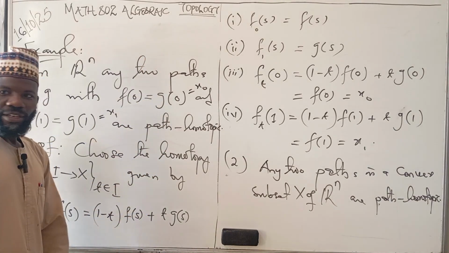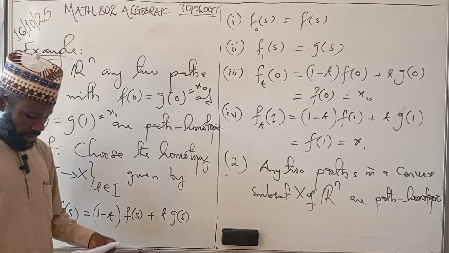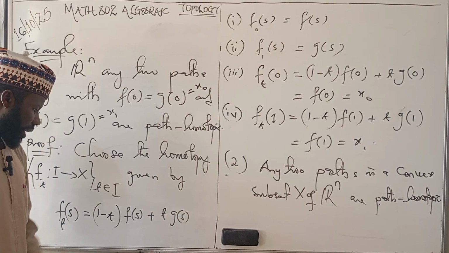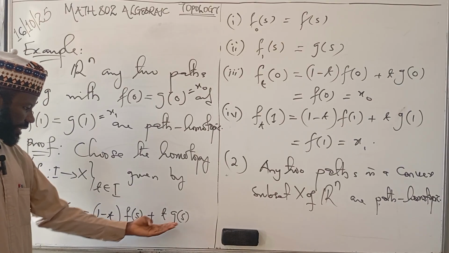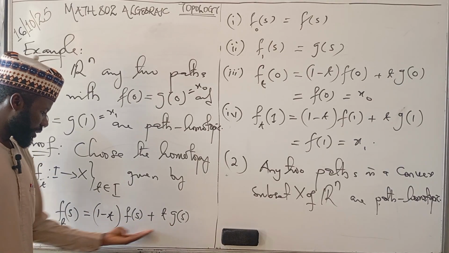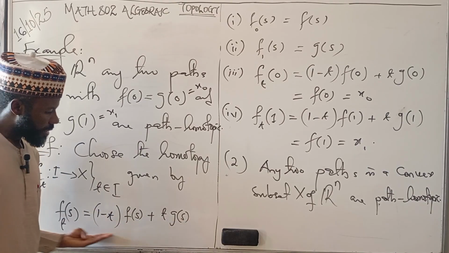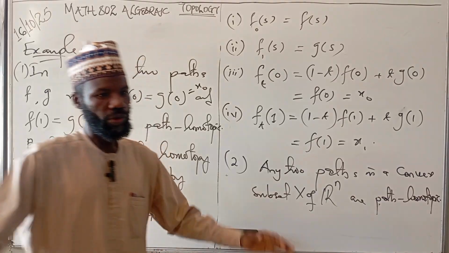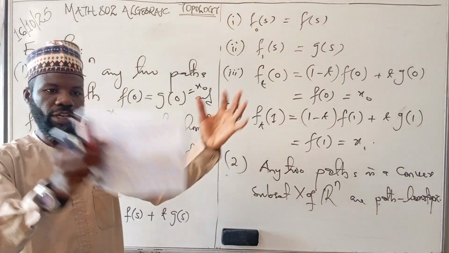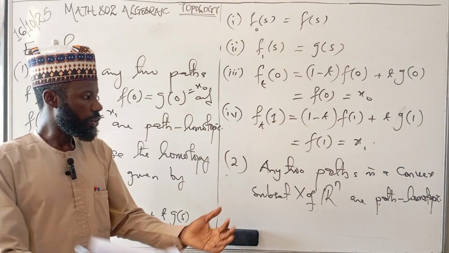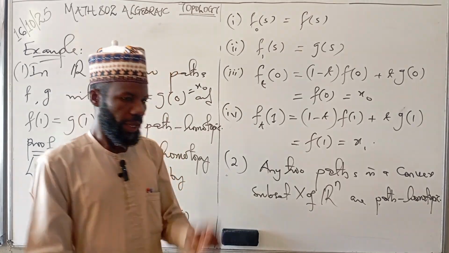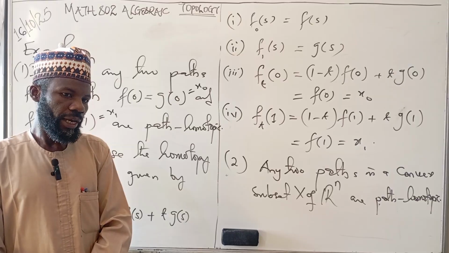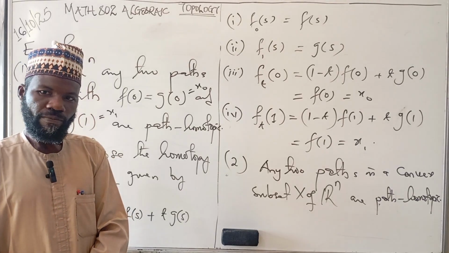This is called the linear homotopy. That is linear parameterization, like you are reparameterizing linearly. This linear combination will always be in the space if the space is convex. So in general, for any convex subset of a Euclidean space, any two paths will always be homotopic. Like which space?